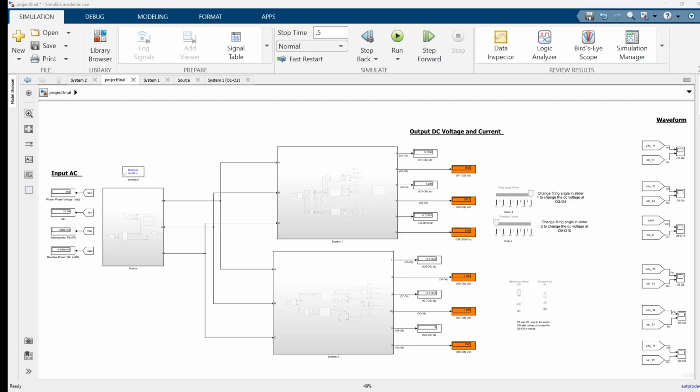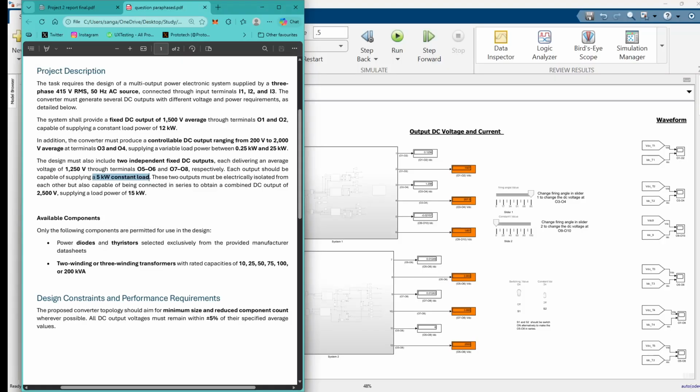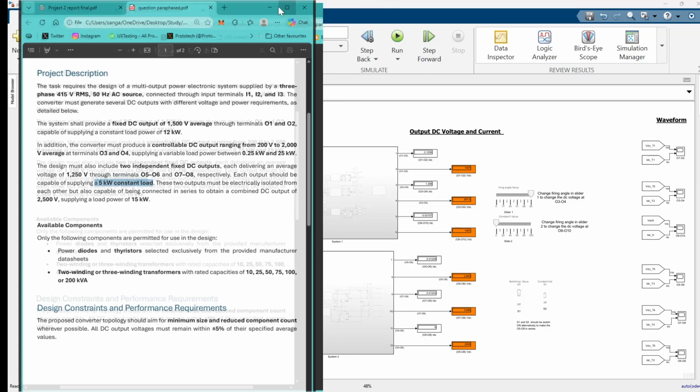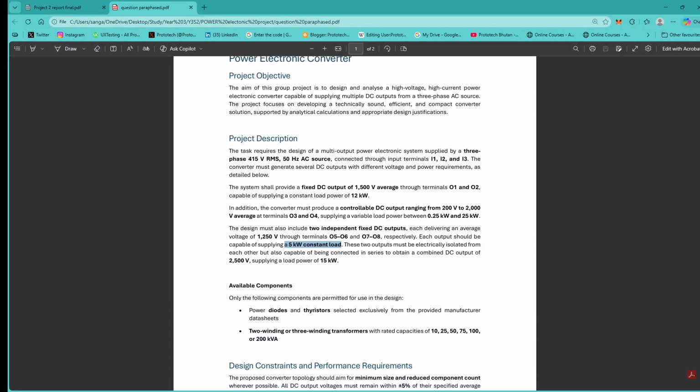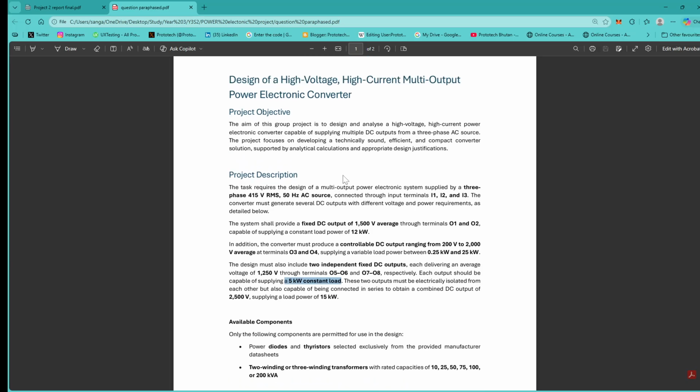The system is supplied by a 415 volt 3-phase AC source and is capable of producing multiple DC outputs, including a fixed, variable, isolated, and a series connected high voltage output reaching up to 2500 volts DC.